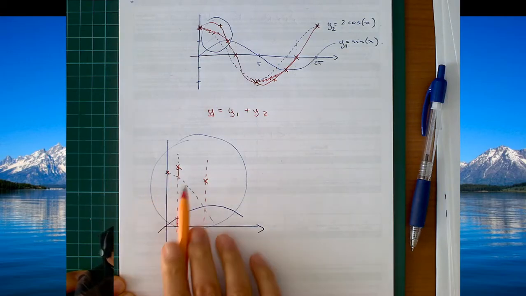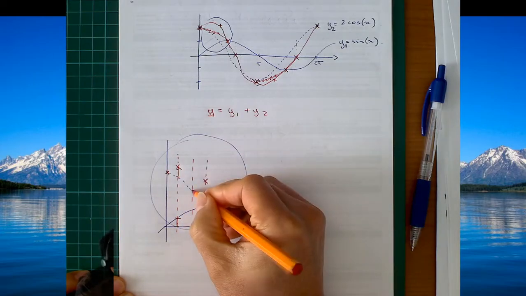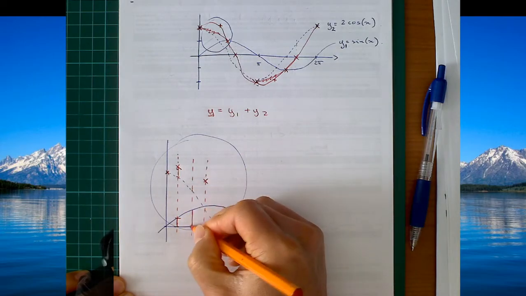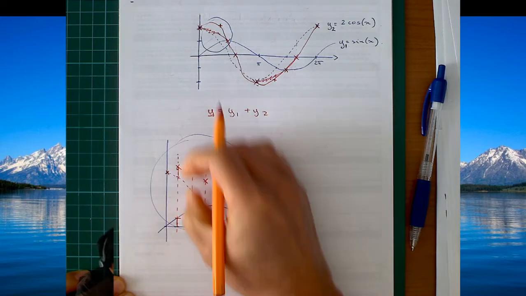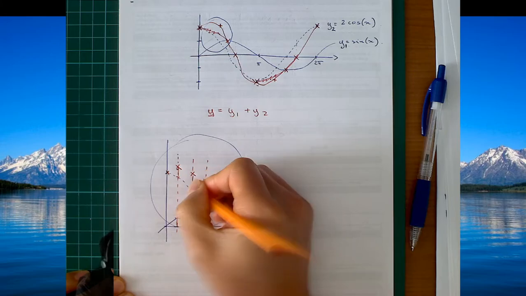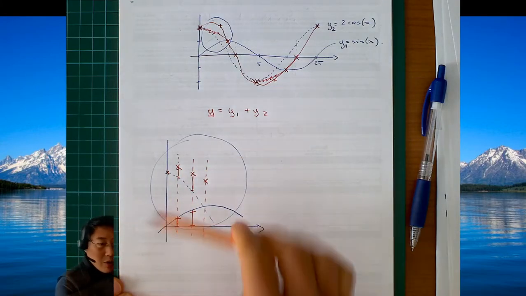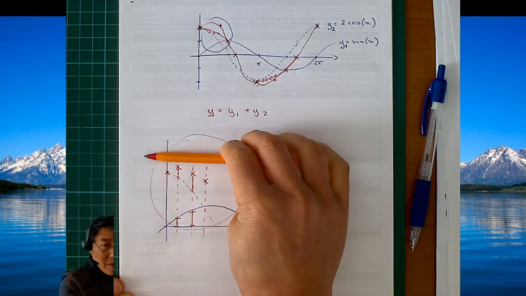And you do that along the curve. Let's say I do another one here. I start from here, I measure, and I transpose that over here, and that roughly gives me another point. You do that when you're on the same side, so they're both positive, and you can do the same when they're both negative.